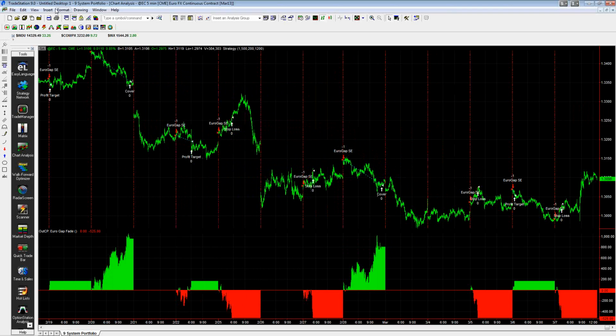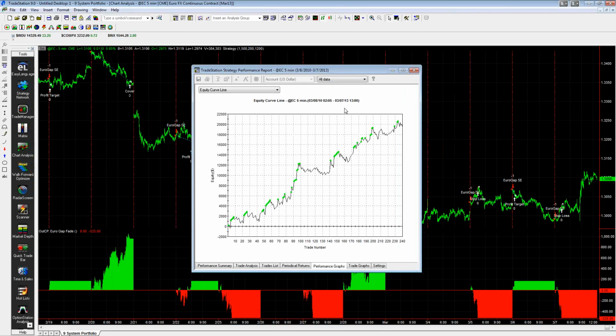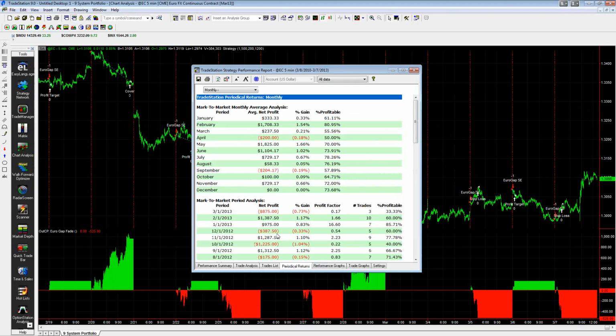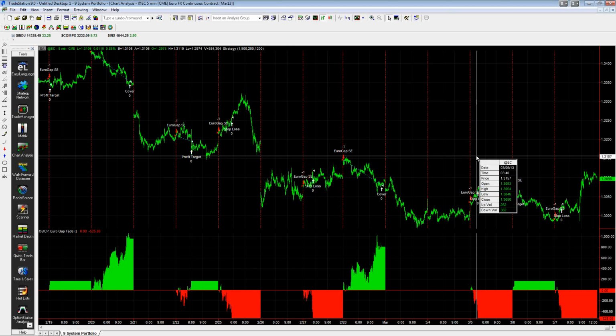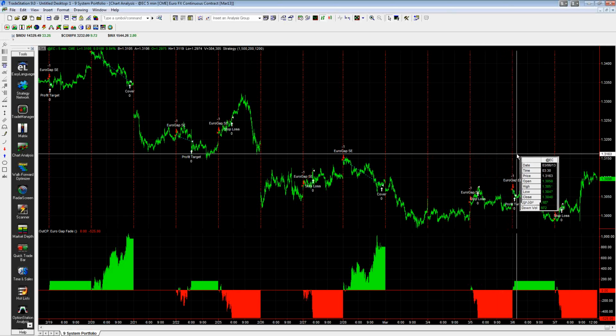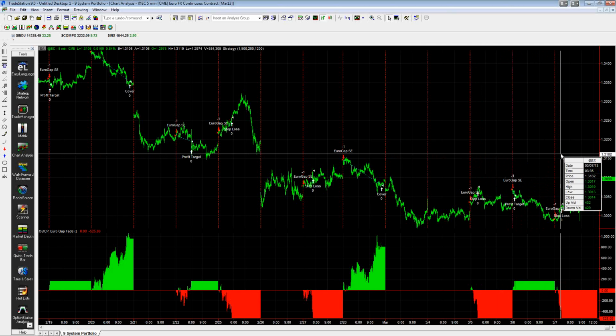Here's some of the recent trades, and euro surge and euro gap fill have had great months. Last month it's down this month, but last month it made 1387.50. January's up 975, and some of the most recent trades, we had a stop loss there, small profit there, and another stop loss today.